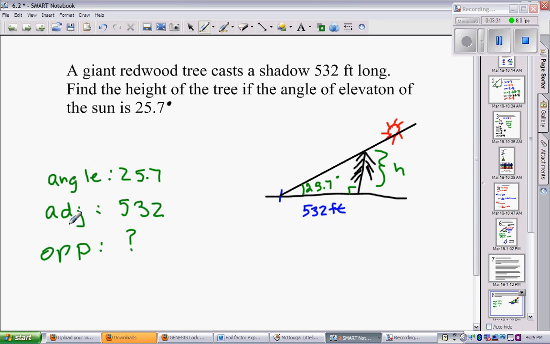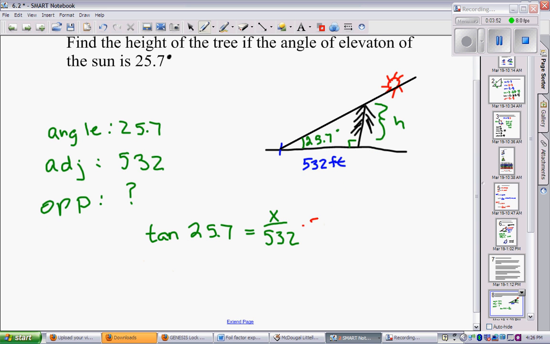Have an angle, we have O and A, so that means we need to use tangent. Tangent of 25.7 equals opposite, so our unknown, x, over the adjacent, 532.